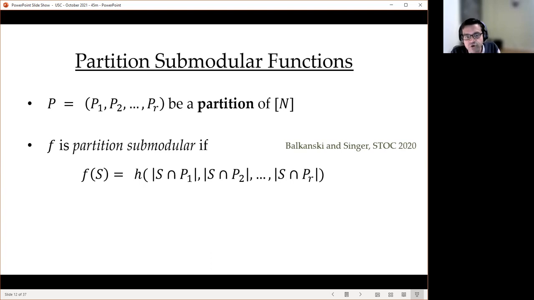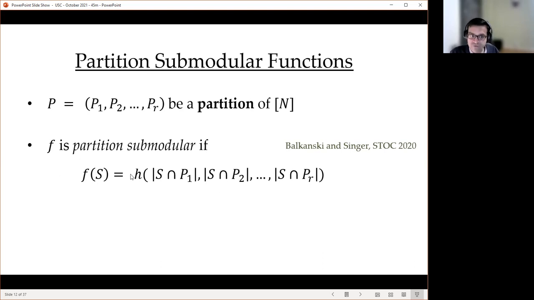A submodular function is called partition submodular if it looks the following way. You take any subset S, and the function value of S is actually a different function H of the amounts you get from each part. I look at how many elements of P1 does S contain, how many elements of P2 does S contain, how many elements of PR does S contain. These are integers, and there is a function H which connects all these integers.